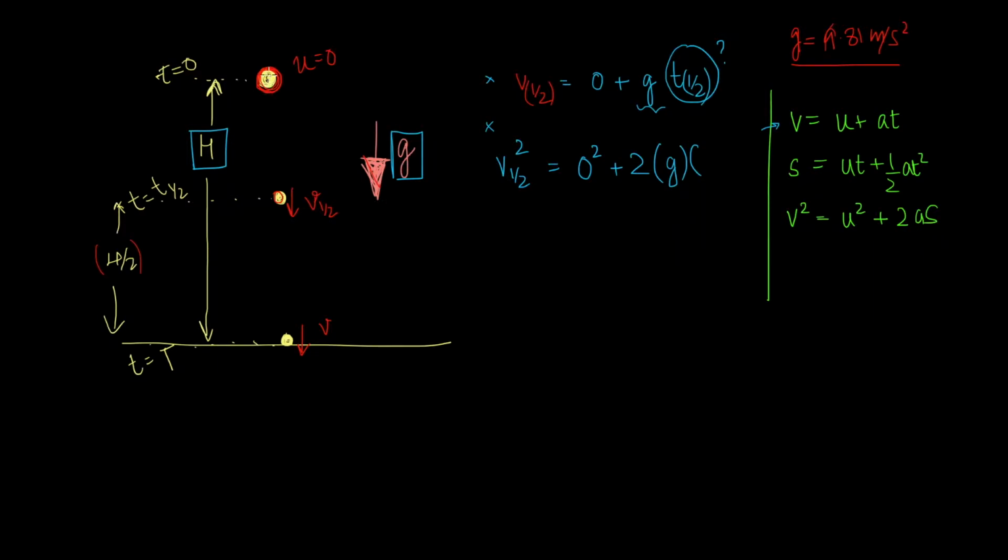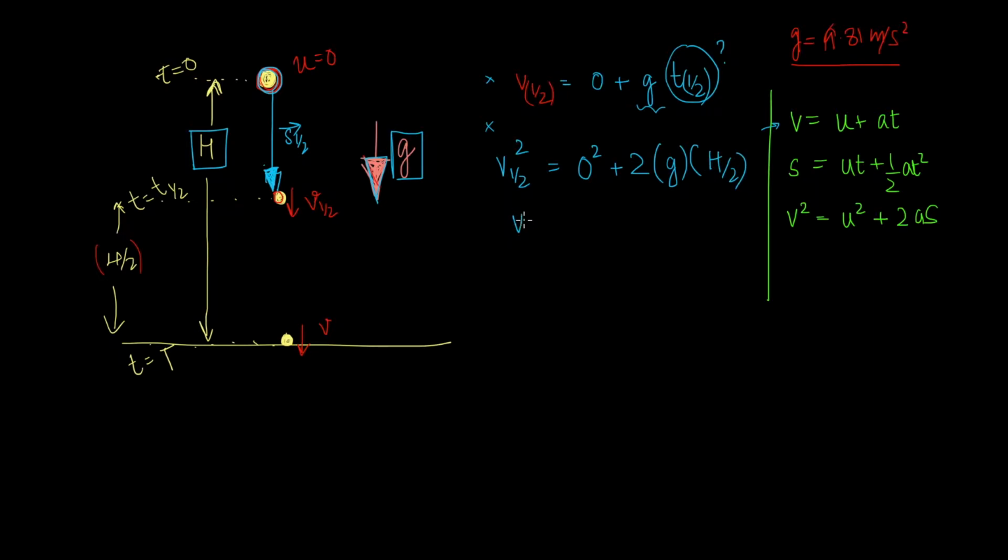So if this was the initial position of the ball, and this is the final position of the ball, then this would be the s 1/2 vector. This is the displacement vector for the t half duration of motion, and that would be pointing downwards. Since gravity also points downward, both these will multiply to give a positive value, and hence we would just write this to be h by 2.